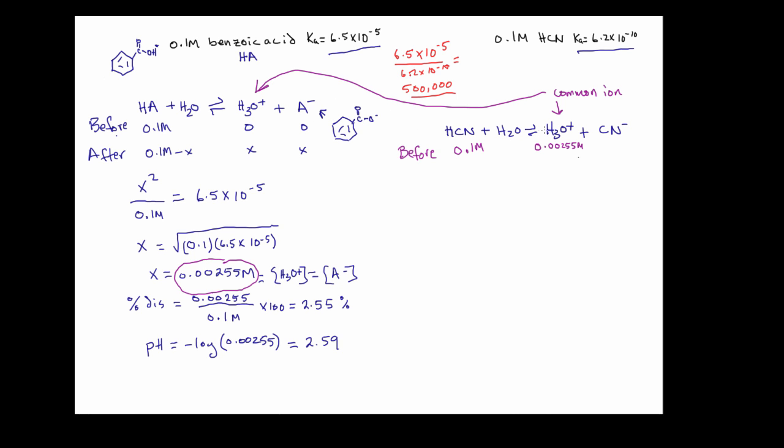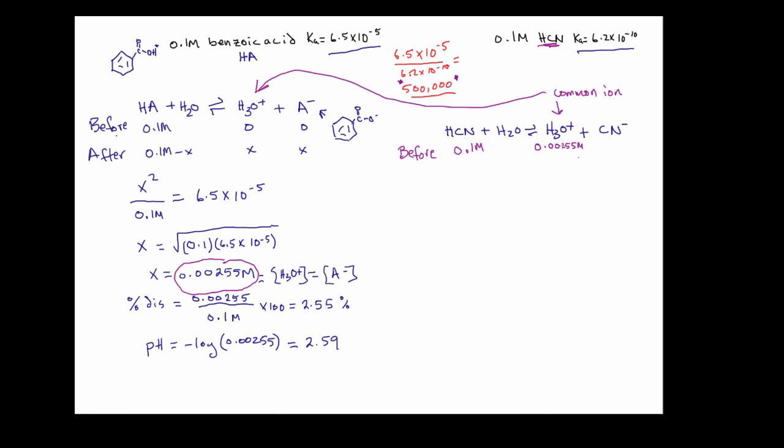Both of these solutions are together in the same beaker. This equilibrium on the left is dominating, so it's producing the hydrogen ion concentration, which is significantly greater than the hydrogen ion concentration that's going to be produced by the HCN equilibrium itself, right? Because the benzoic acid equilibrium is 500,000 times greater than the HCN equilibrium.